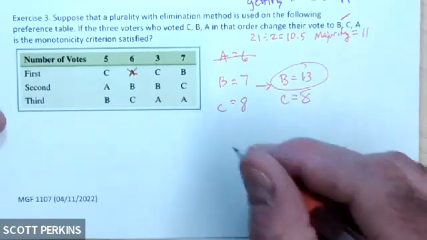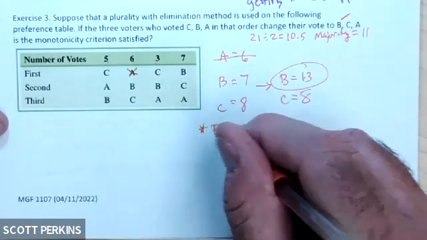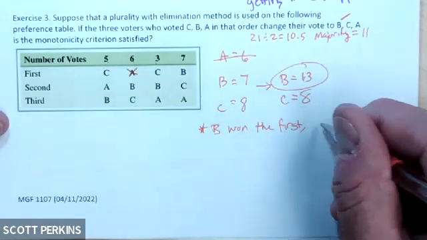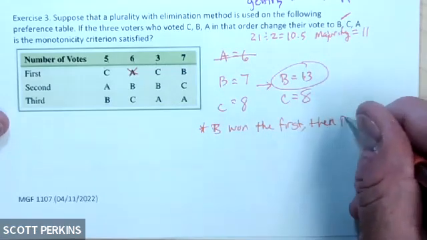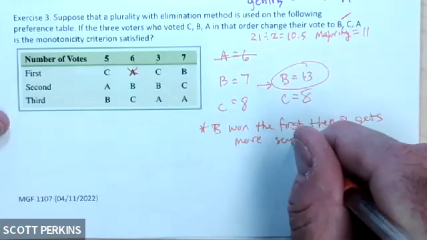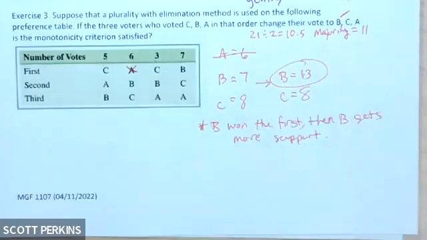I'm going to write that down. B won the first, then B gets more support. Mathematically, what we would hope would happen, this is the monotonicity criterion.